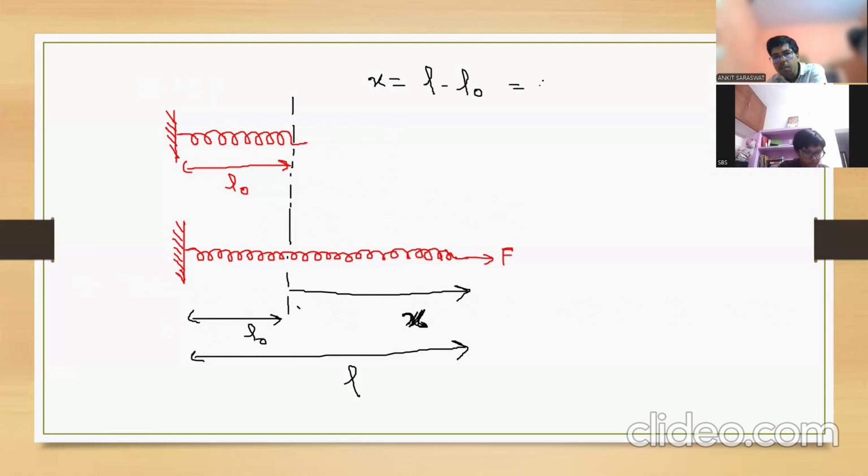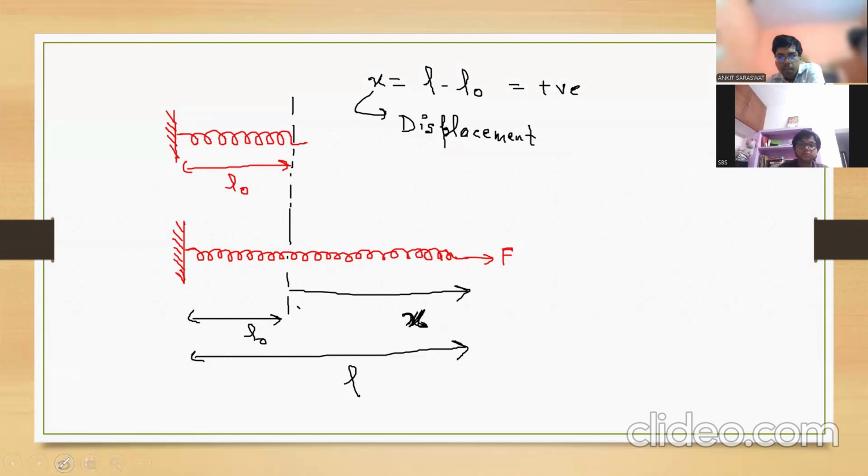Now this comes out to be positive. Either you can say extension in the spring, or you can say axial displacement, simply displacement. Understood?